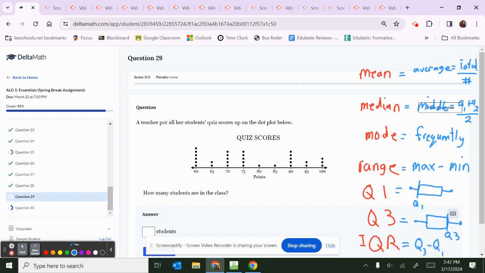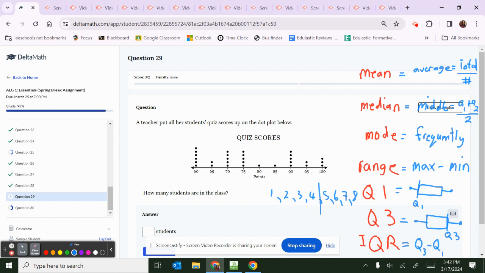Quartile 1 and quartile 3 can be found for a set of numbers also. For example, if you had the numbers 1, 2, 3, 4, 5, 6, 7, 8, you find the middle first. The middle would be right here.